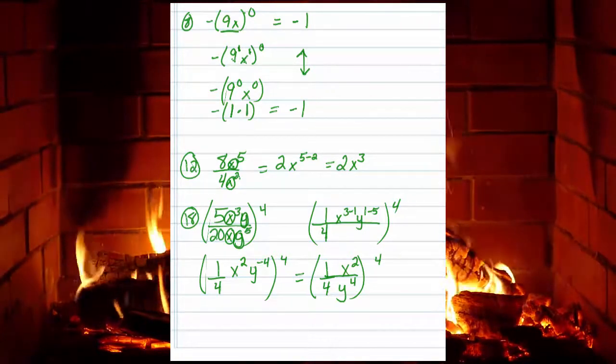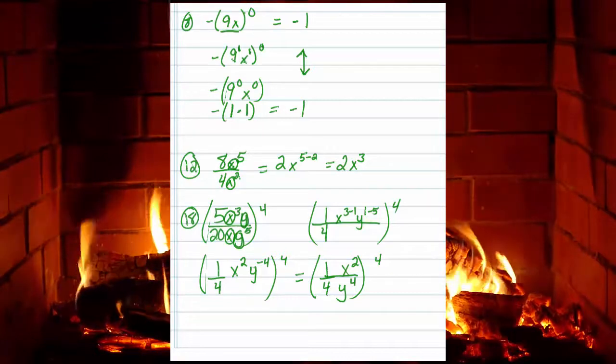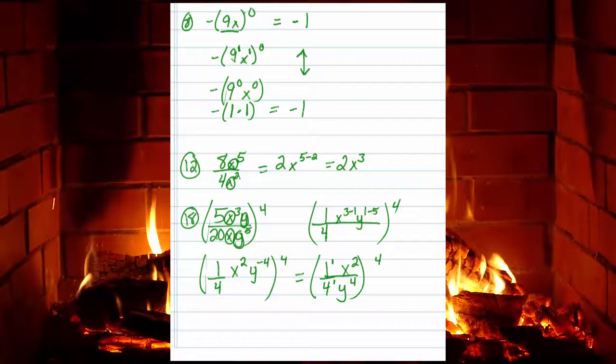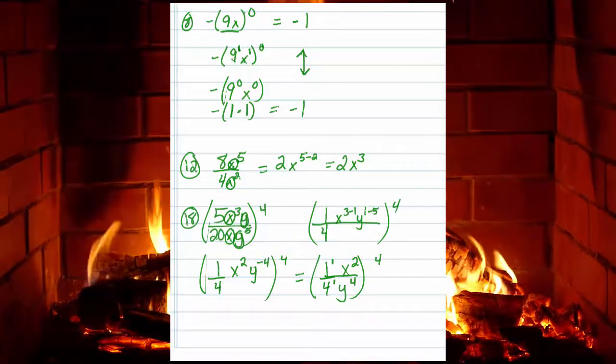Now we should see that we have some power to power rules. In order to make sure that I apply my powers to every term, I'm going to give my numbers, or my coefficients, powers as well.